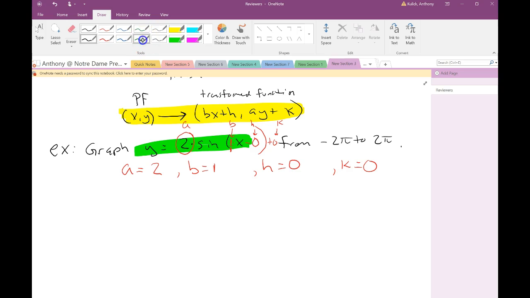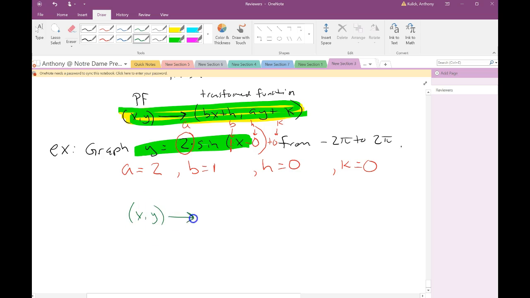Okay? Now that I have this information, I'm going to use it. So I can have (x, y) goes to (1 times x plus 0, 2 times y plus 0), or if I wanted to simplify that down, just (x, 2y).